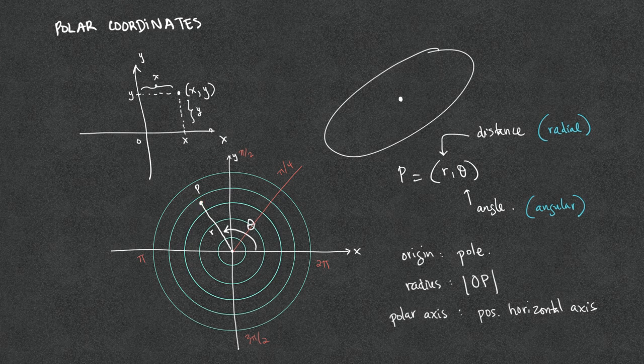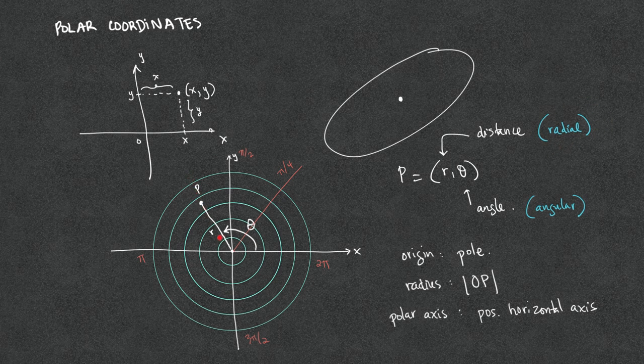That is because to locate the point P, for example, we can use the angle theta, or we can use theta plus 2 pi, or we can start from the positive horizontal axis and travel clockwise, which will give us a negative angle. In addition, we're allowed to use the negative radial coordinate.